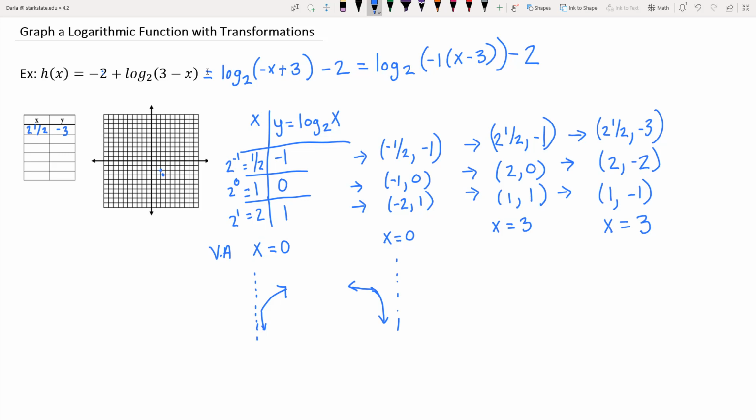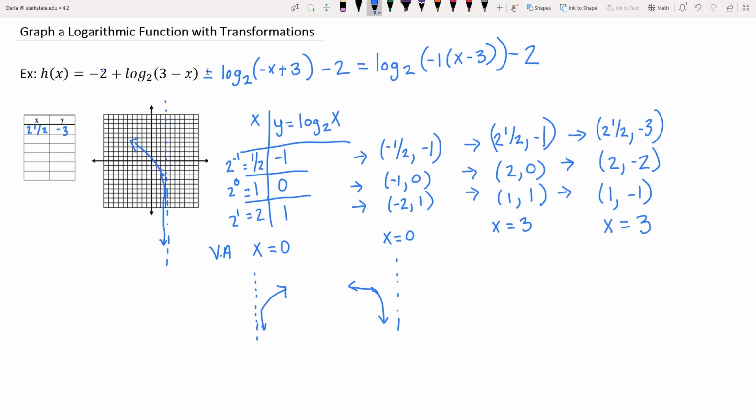We have (1, -1). And then we know there's a vertical asymptote at x equals 3. We know the direction of our general shape because we paid attention to every transformation along the way.